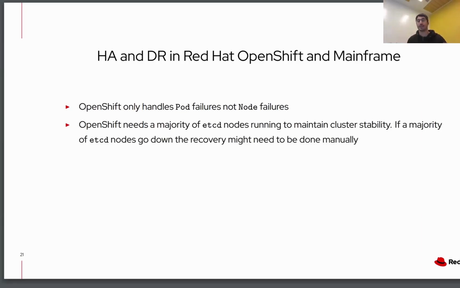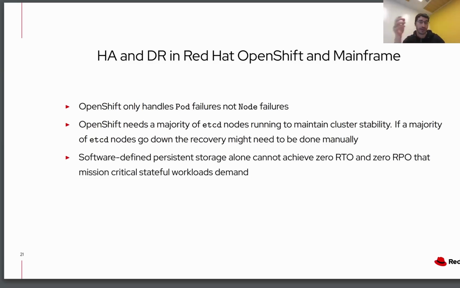OpenShift also needs a majority of etcd running. By default, you would have 3 etcds, which means that at least 2 of the 3 etcds need to be running. If that condition is not met, then it will go into read-only mode, basically, and will stop acting on your application, which means that if you lose, for instance, 2 etcds and a bunch of pods, OpenShift will not be able to restart those pods.